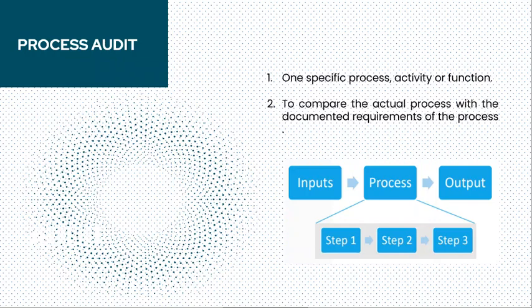So broadly, this is a process audit. This was a very simple process, but you could have complex processes while doing audit. Your focus is on the process. Let's take another example of process.